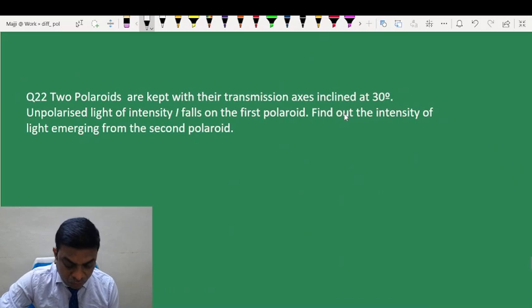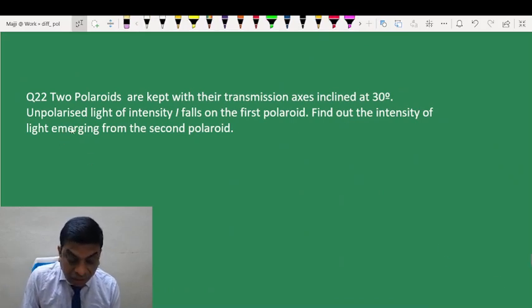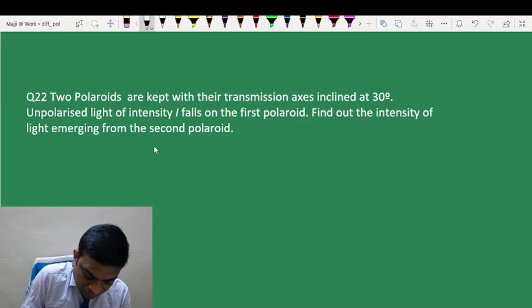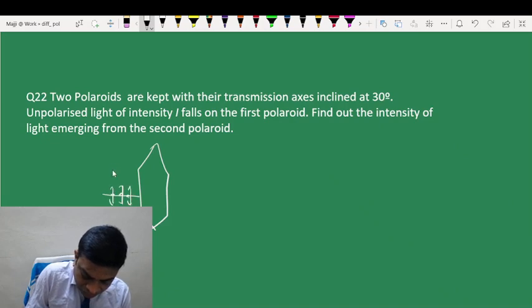Then next question, two polaroids are kept with their transmission axes inclined at 30 degrees. Unpolarized light of intensity I falls on the first polaroid. Find out the intensity of the light emerging from the second polaroid. So here unpolarized light of intensity I is made incident on the polarizer.